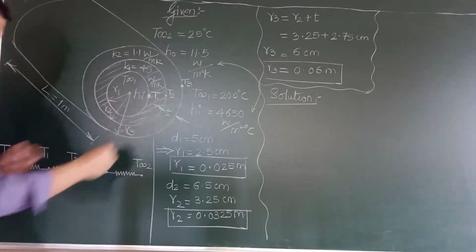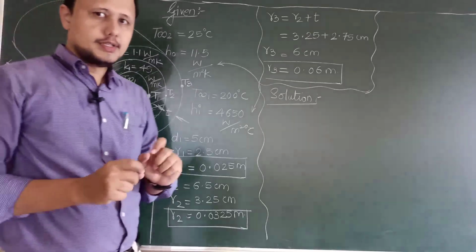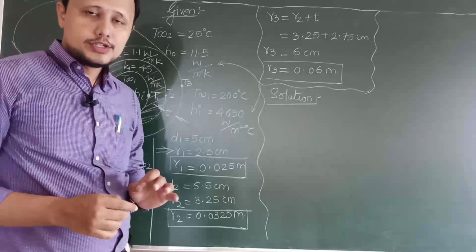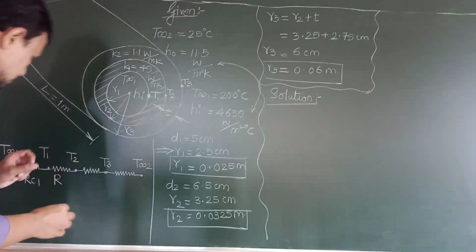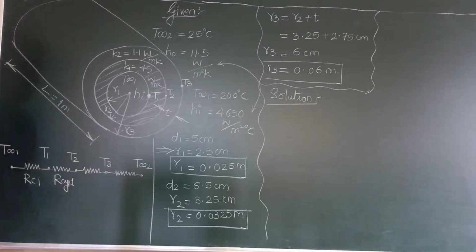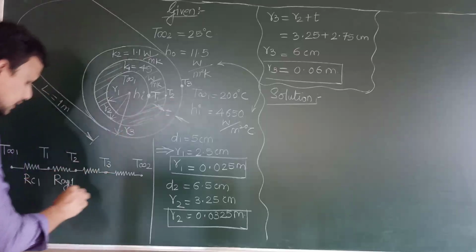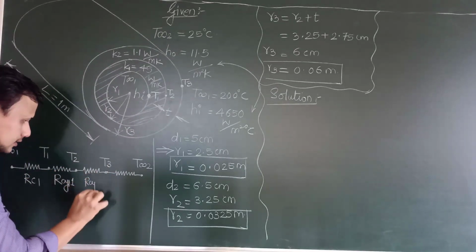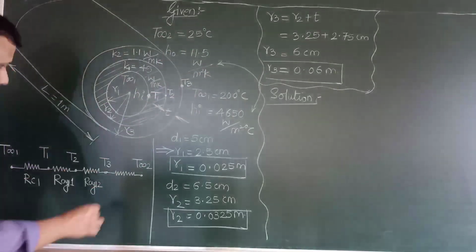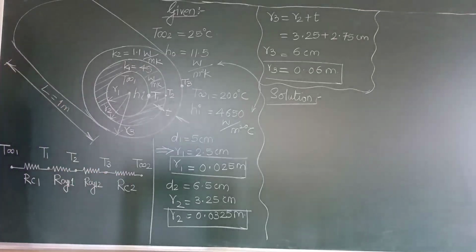Now between T1 and T2 this will be R, a conduction resistance, but not a conduction resistance of a wall. This is a conduction resistance of a cylinder. So this will be R cylinder 1, and then this is again a cylindrical insulation, so this will be R cylinder 2, and finally again convection resistance. Simply independent of geometry, that will be RC2.